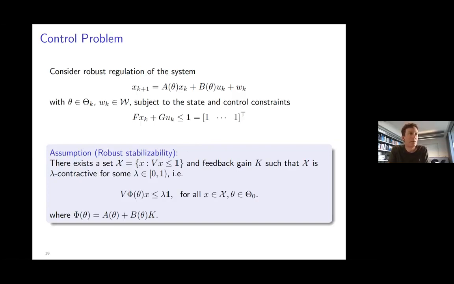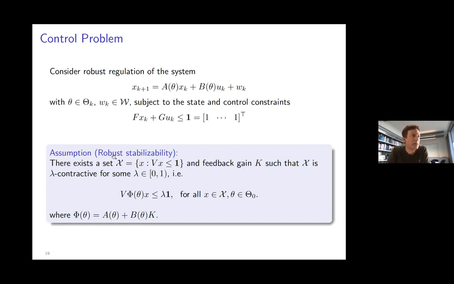I don't want to go too much into the detail of this. If you're interested, have a look at our paper in the International Journal of Robust and Nonlinear Control from this year. But basically, we can combine these same ideas with virtually any robust tube MPC approach, which gives us an input to state stability guarantee.